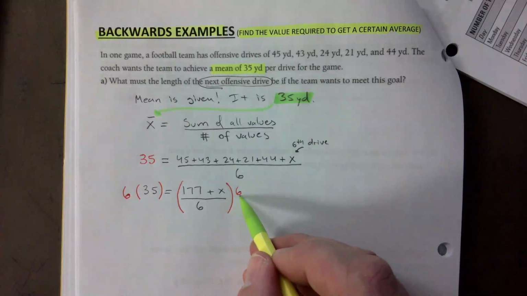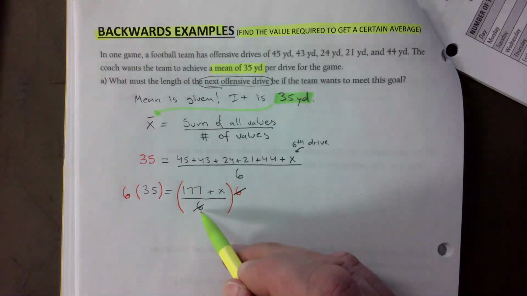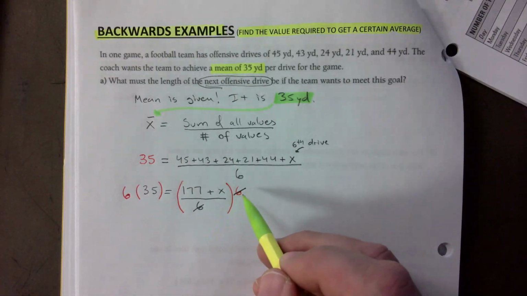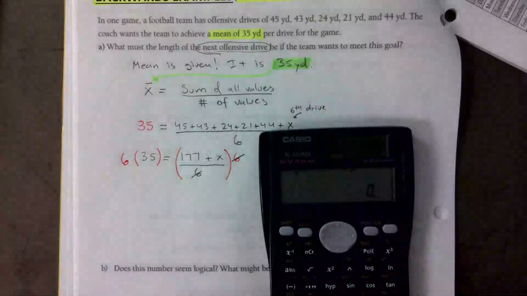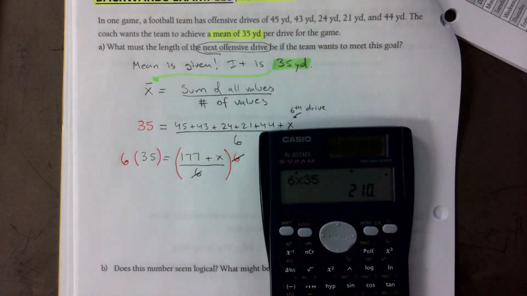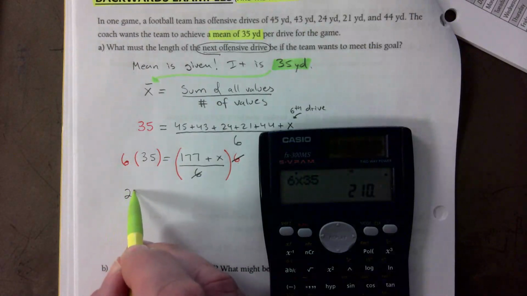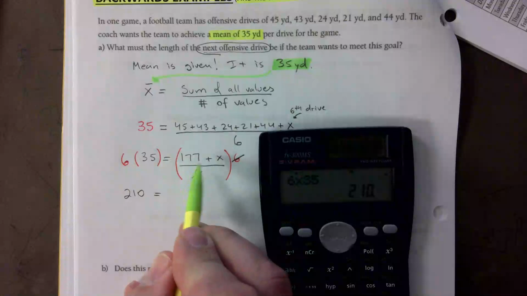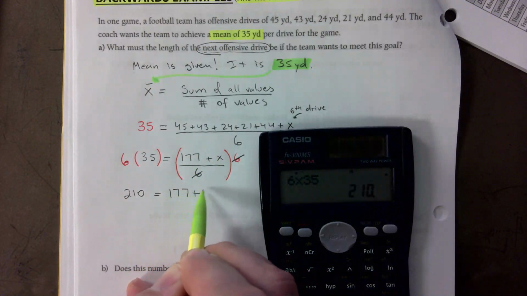Because if I multiply by 6, it really makes this irrelevant. Like, why would I divide and multiply by the same thing? 6 times 35. So here you multiply. That's 210 is equal to, now you can get rid of all the brackets because that is no longer necessary.